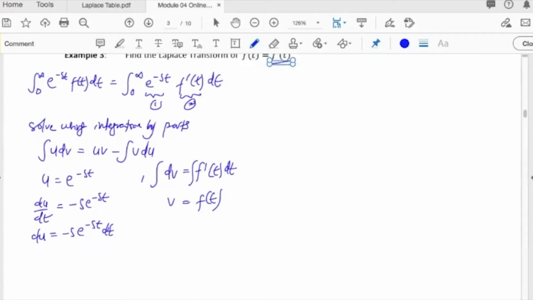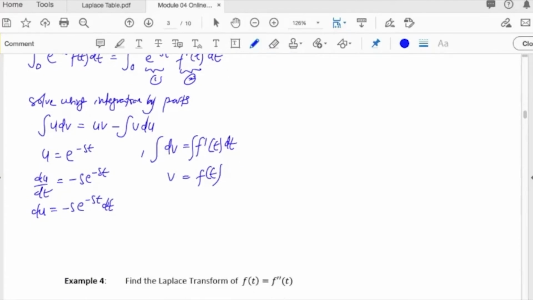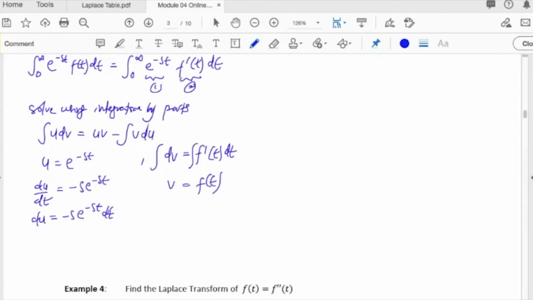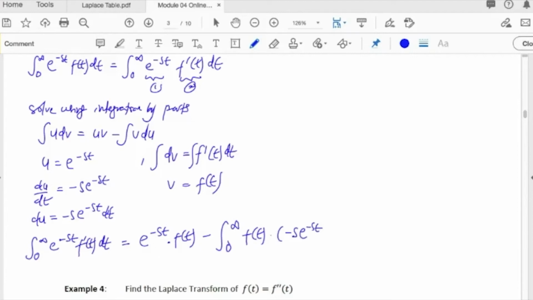Okay, so you have all the information, you put it back into the equation, so you will get integration from 0 to infinity of exponent negative st times f prime t dt is equal to u, exponent negative st, multiplied with v, f(t), minus integration from 0 to infinity of v, which is f(t), multiplied by du, which is negative s exponent negative st dt.